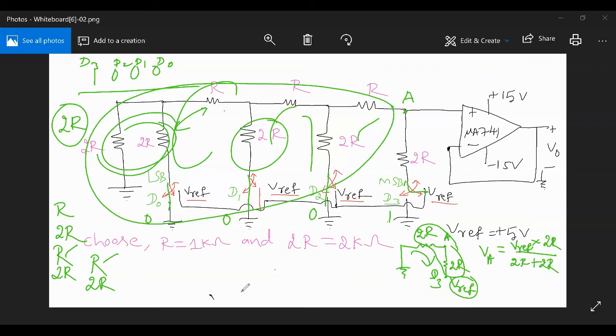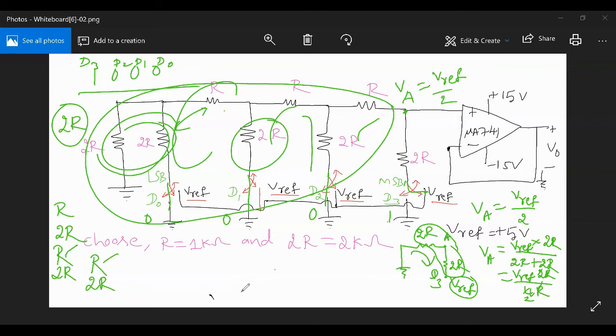So we get V reference into 2R divided by 4R. Here R and R got cancelled, 2 ones are 2, 2 twos are 4. Therefore, what do we get? VA equals V reference by 2.